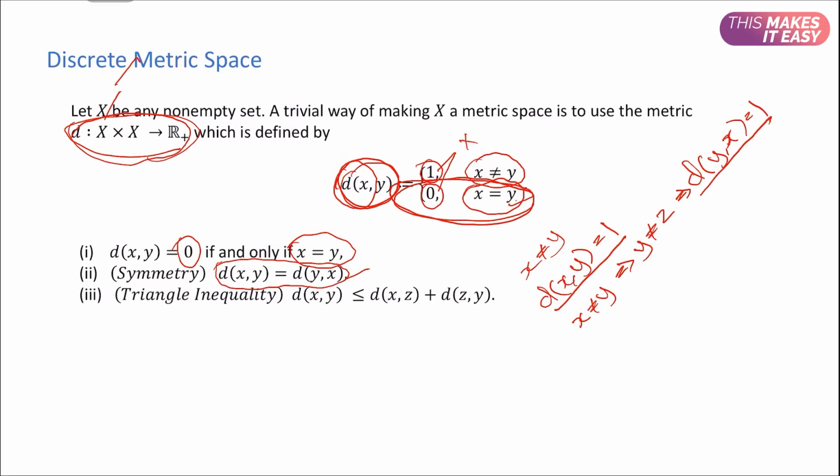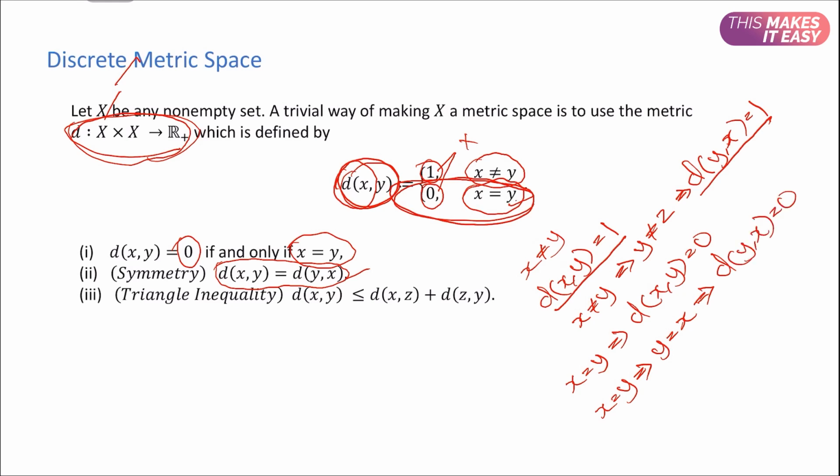Now in the second case, if x is equal to y, then d(x,y) is equal to 0. If x is equal to y, it implies that y is also equal to x. Then d(y,x) is 0, and d(x,y) is also equal to 0. There is a symmetry.